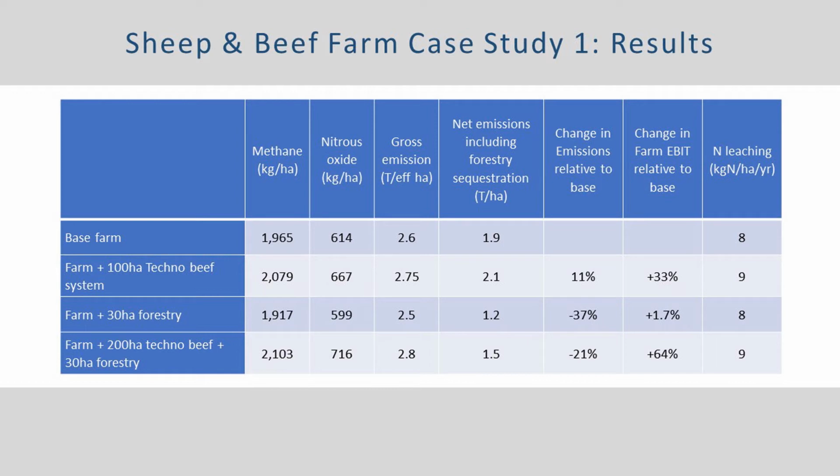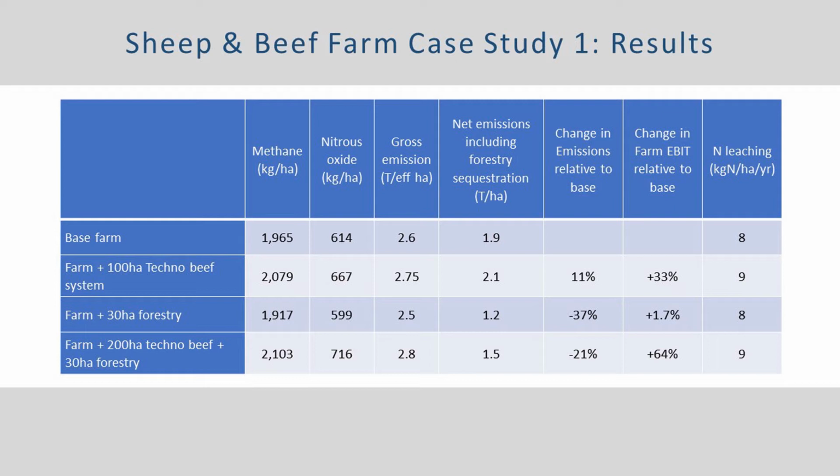So in terms of the base farm, the pastoral area was putting out 2.6 tonnes. By the time we brought in our forestry offset, the net was 1.9. So we put in our 100-hectare techno system, and naturally our methane emissions went up because we're running a few more animals, a bit more intensively.